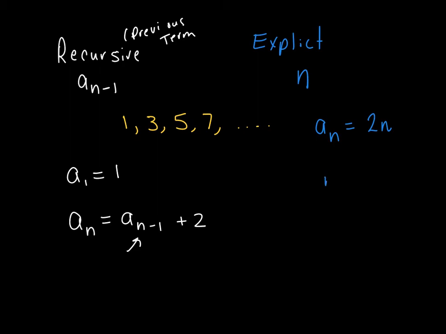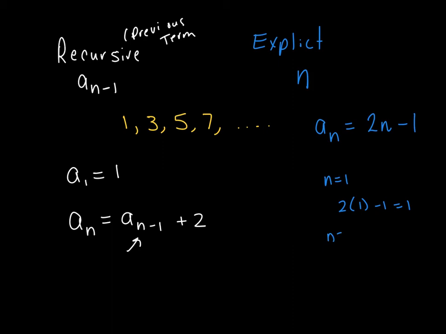If n was equal to 1, that would give me 2 times 1, which is 2. I don't want that, but if I subtract 1 from it, that will work. Then that would give me 2 times 1, and I would subtract 1, which would be 1.